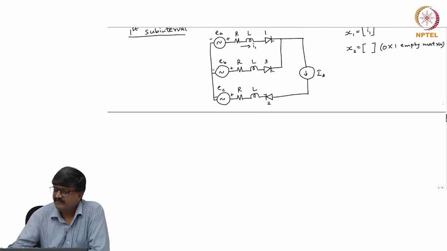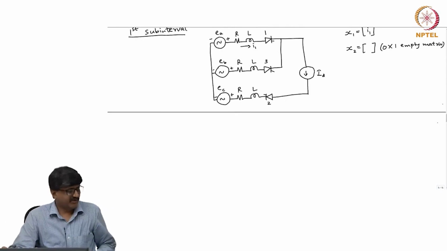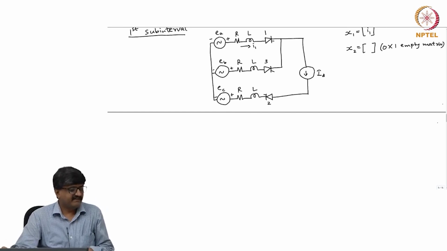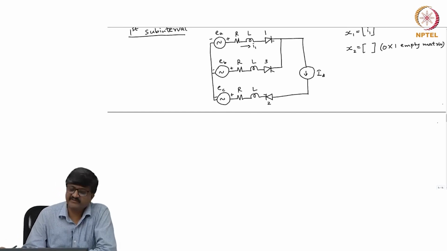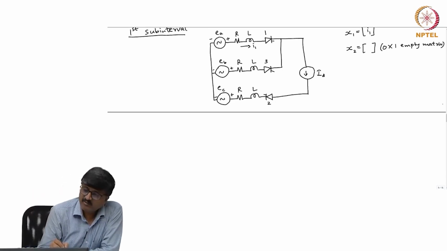So, how do we get the other quantities? Let us apply Kirchhoff's voltage law and get the expression for the other quantities. If I apply Kirchhoff's voltage law to the loop consisting of E A, E B, the two resistances R, two inductances L and the valves 1 and 3, then what do I get?